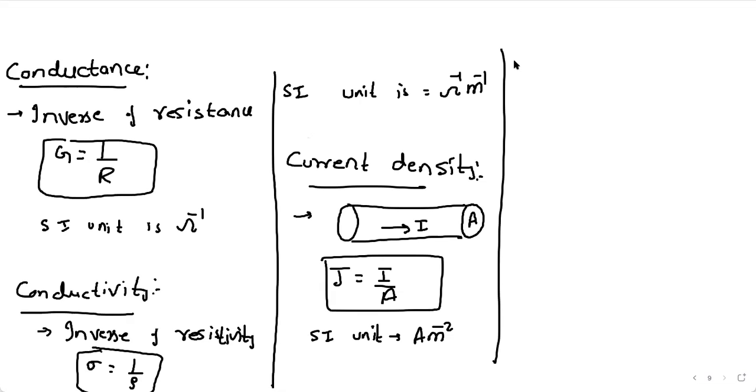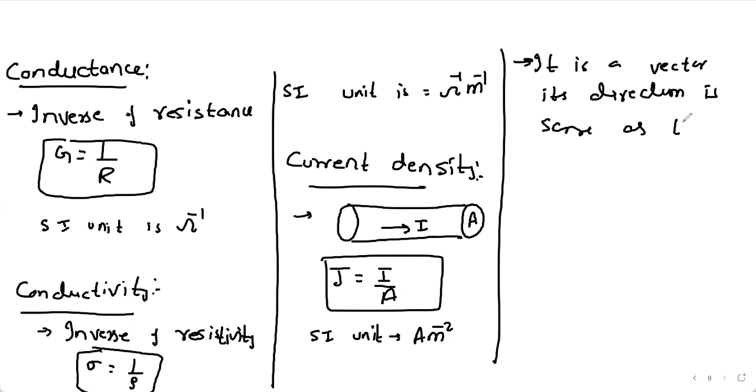And remember, current density is a vector. Its direction is same as that of current.